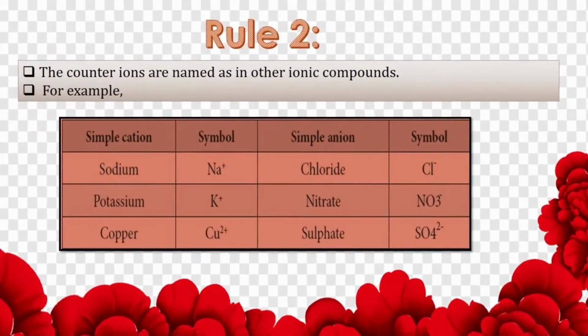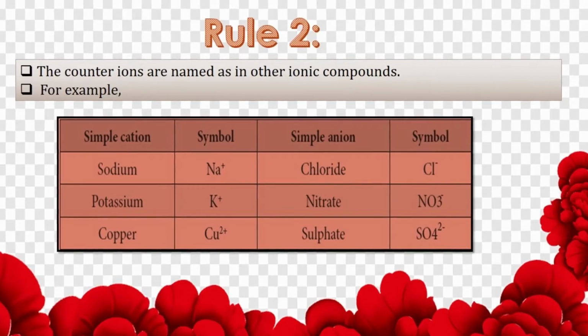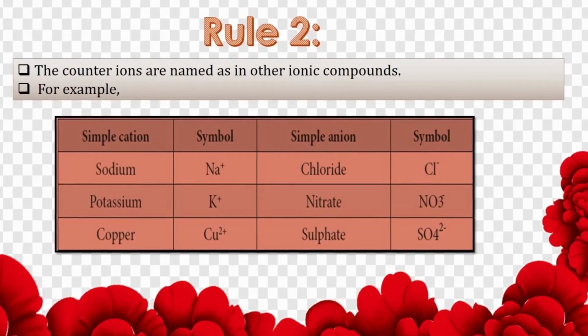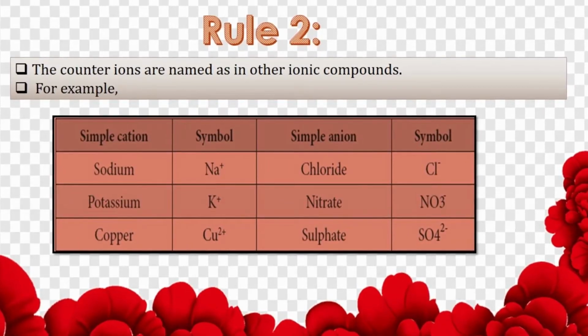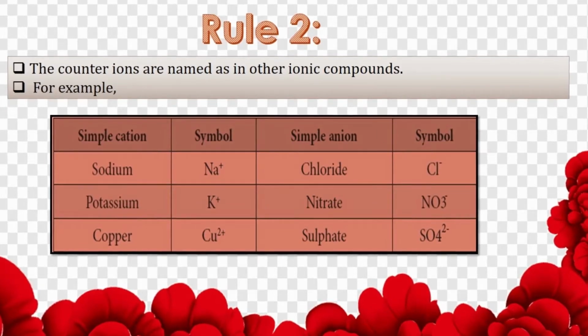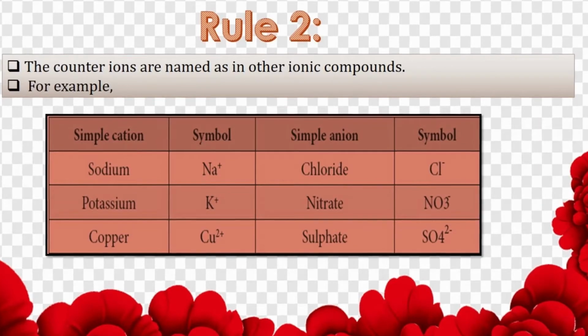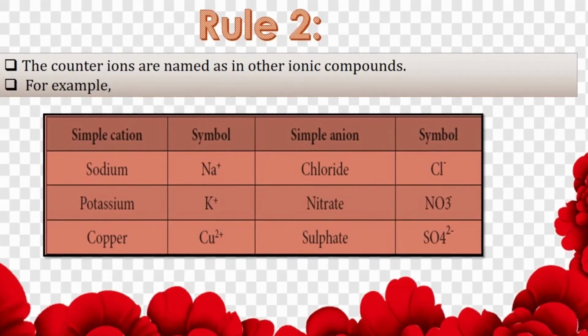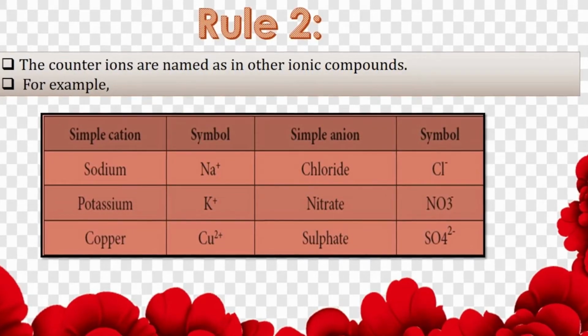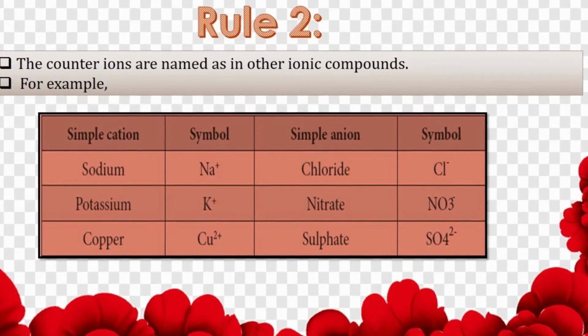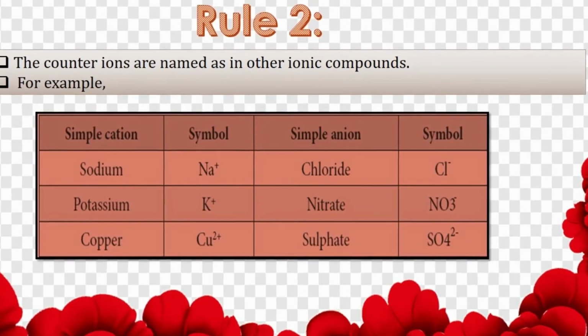The second rule is that the counter ions should be named as we name them in other ionic compounds. For example, if the counter ion is Na+, it will be named as sodium. If the counter ion is SO4 2-, it will be named as sulfate.